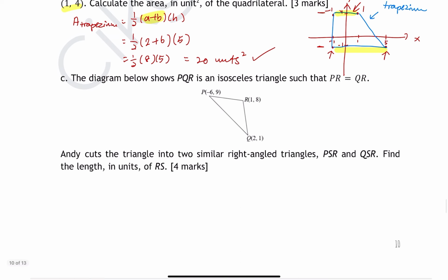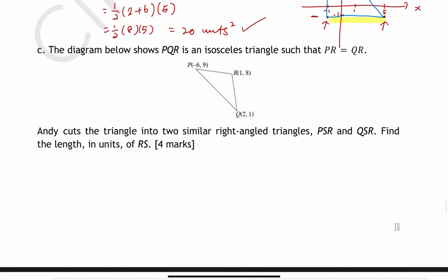Alright, moving on to question C. The diagram below shows PQR is an isosceles triangle such that PR equals to QR. So PR here, QR here, these have the same length. And it cuts the triangle into two similar right angle triangles, PSR and QSR. Find the length in units of RS.